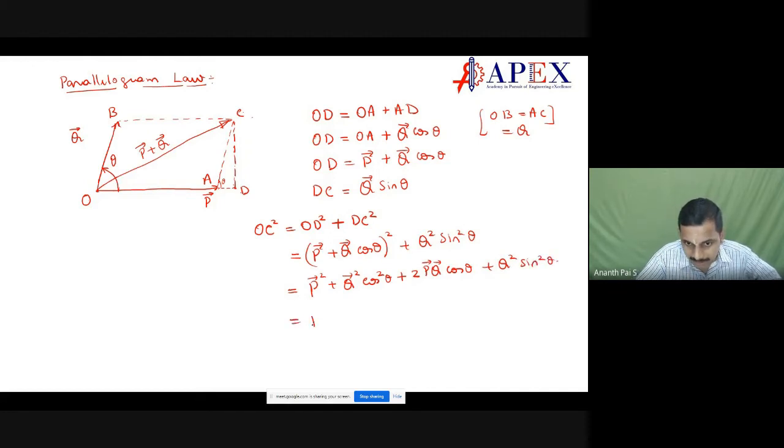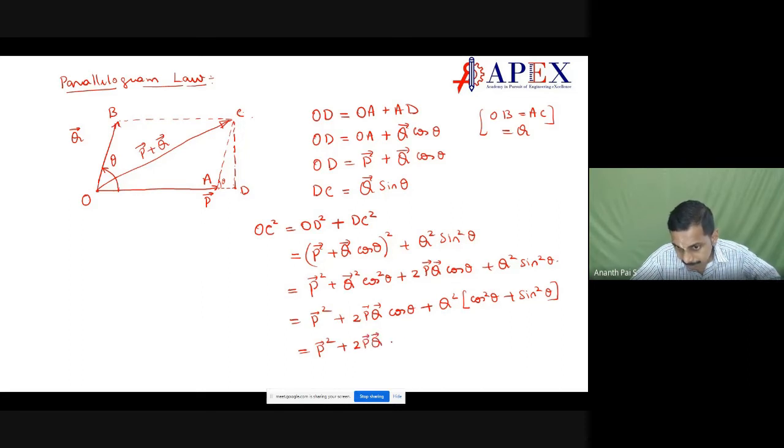Now this can be written as P square plus 2PQ cos theta plus Q square into cos square theta plus sine square theta. Makes sense? So this can be written as P square plus 2PQ cos theta plus Q square.